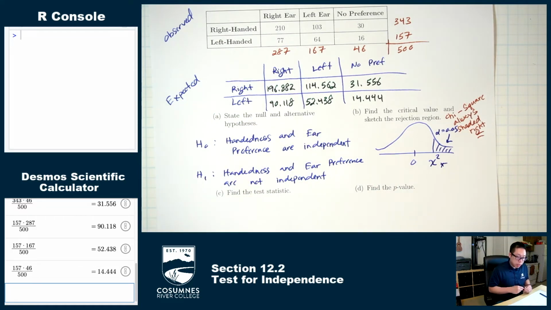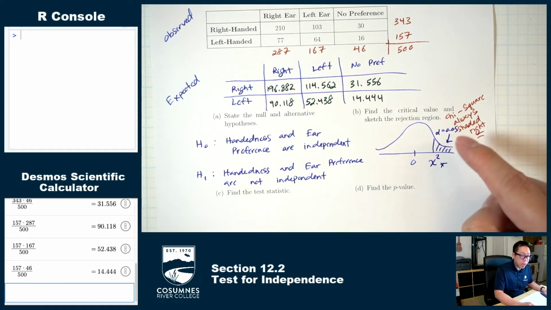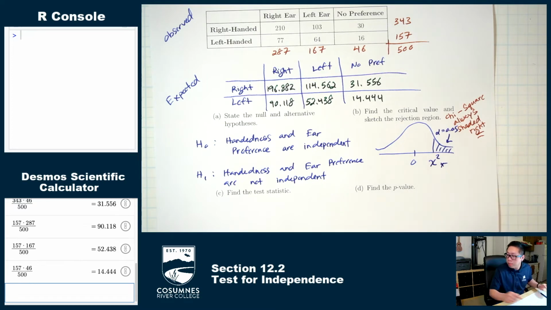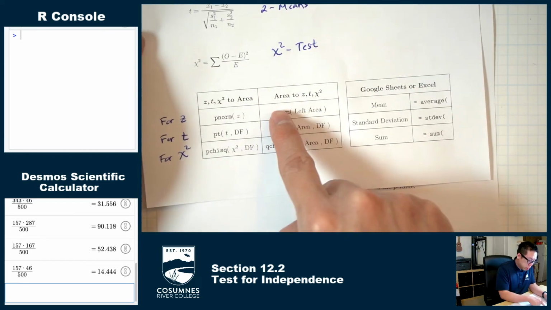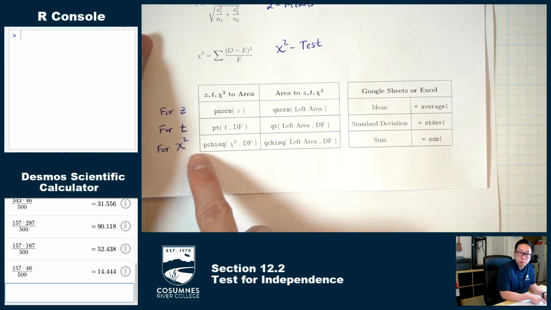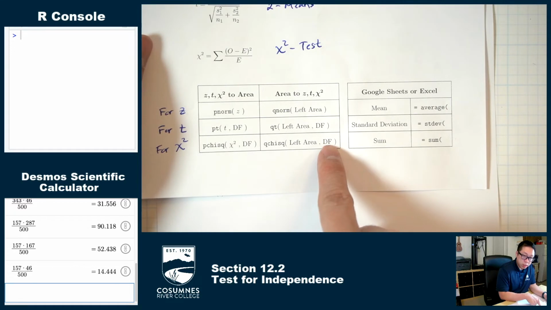And this is really an area to chi-square question. Area to chi-square, this is the same formula sheet that we've been using. Area to chi-square for the chi-square situation is going to be Q chi-square left area df.